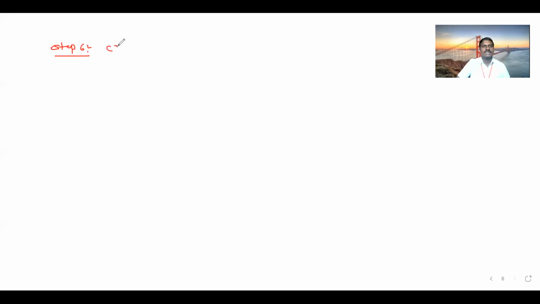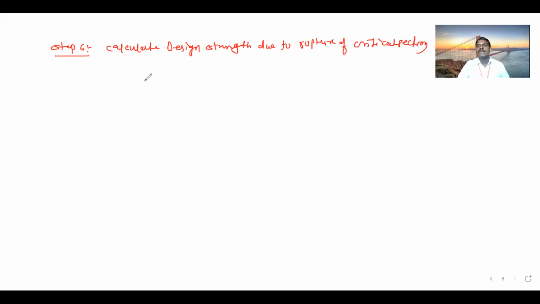Step number 6 is calculate design strength due to rupture of critical section.